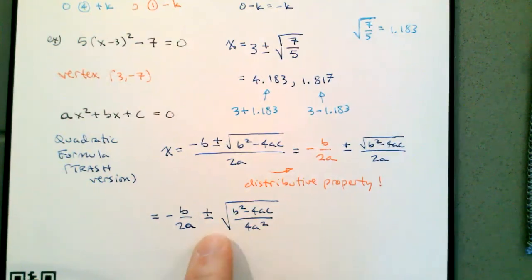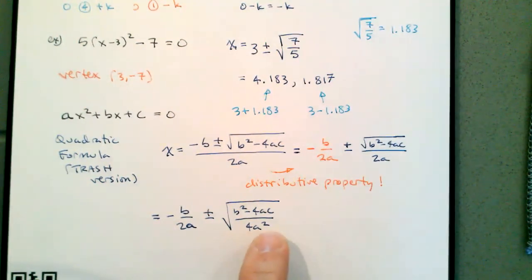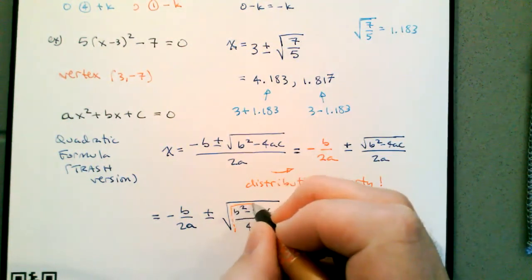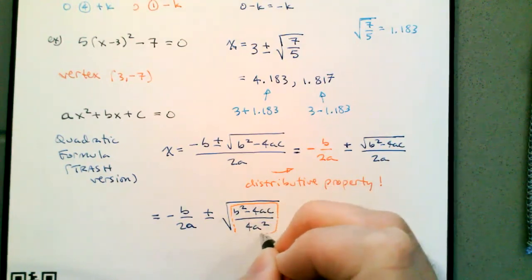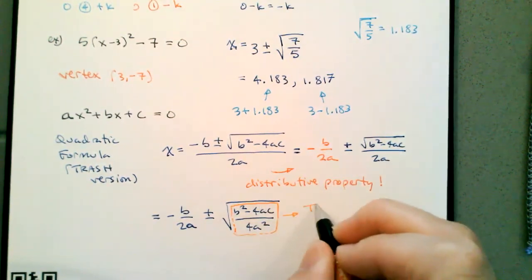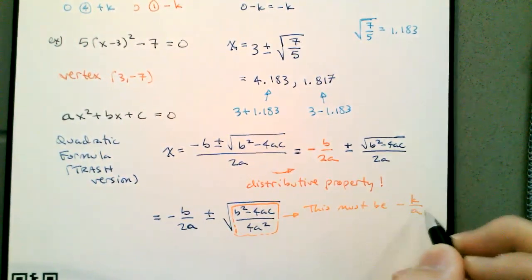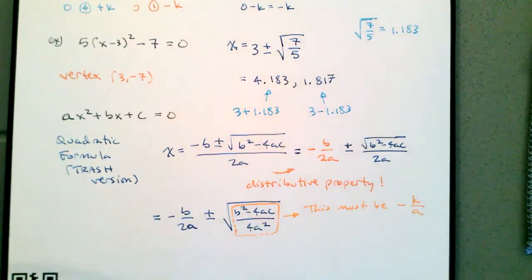So this part right here, this plus or minus square root of b squared minus 4ac over 4a squared, must be equal to minus k over a.